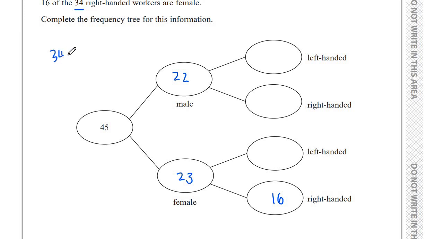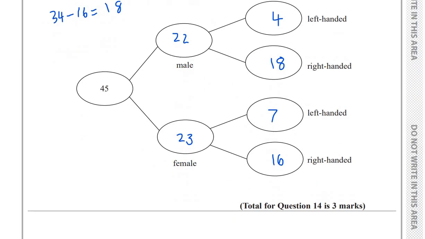So 34 minus 16 will give us the number of workers who are right-handed male. So 18. And now to find out the left-handed workers who are male, we do 22 take away 18. That's 4. And then 23 take away 16. 7 are left-handed females. That's it.